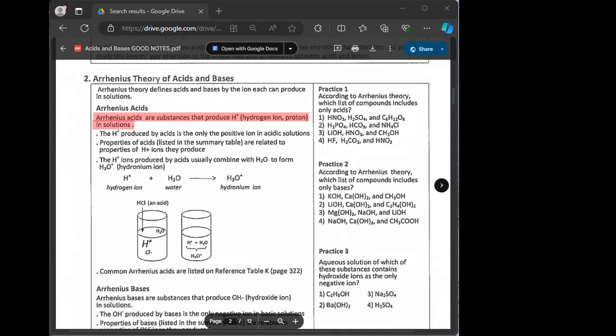And the hydrogen ions that were produced from the acid combine with water to form hydronium. So you need to know that technically hydrogen ions and hydronium are kind of the same thing, especially when we're talking about acids and bases.